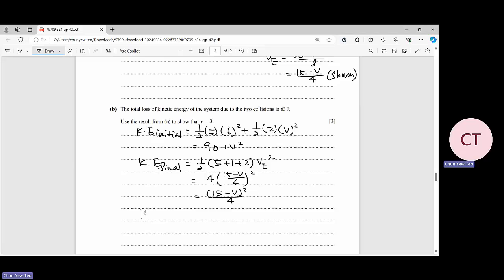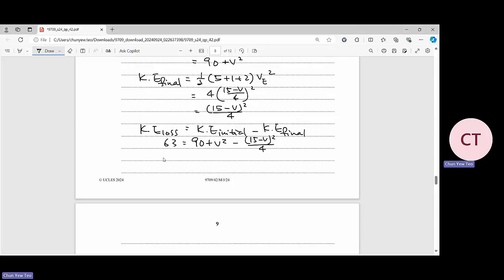So the KE loss equals KE initial minus KE final. We know that the KE loss is 63, the KE initial is 90 plus V squared, and the KE final is (15 minus V) squared over 4.